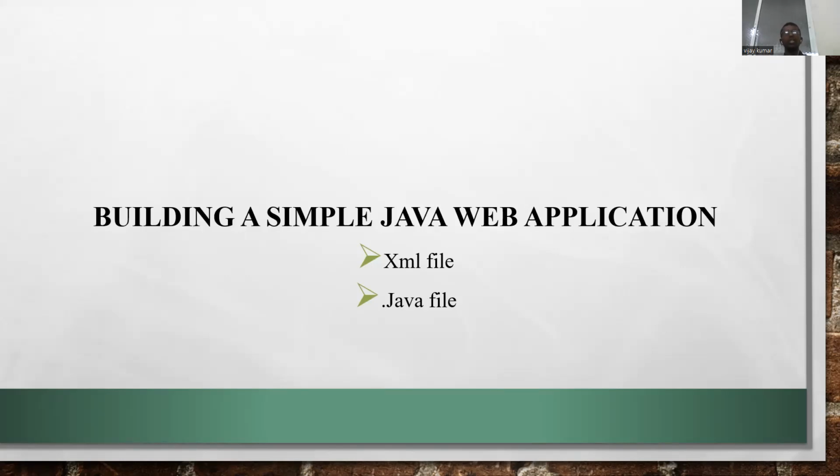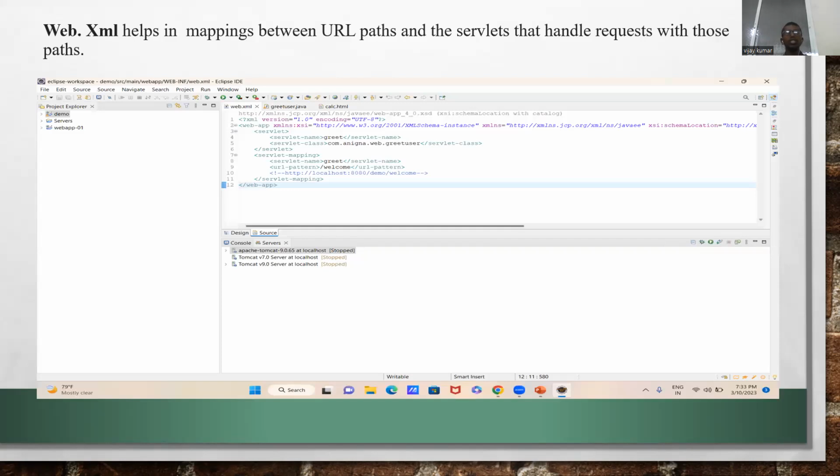For that, we will discuss the XML file, followed by the .java files, in the coming slides. In these slides you can see the XML file, which helps in mapping URL paths to the servlet that handles the request.